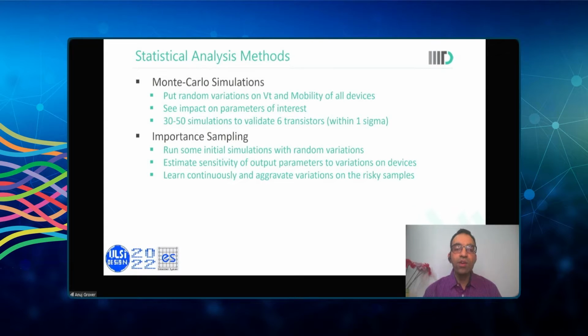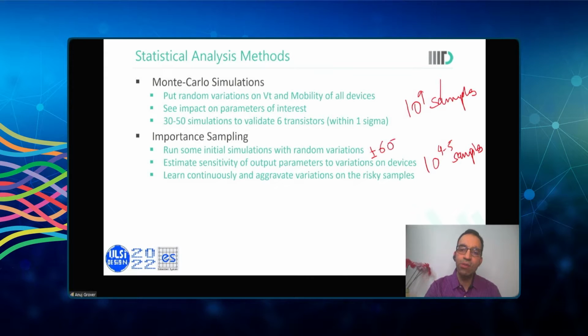Then we learn on the fly and continuously aggregate the variations to achieve risky samples. While I said you will need something like 10 raised to power 9 samples, with importance sampling you could probably do with 10 raised to power 4 to 5 samples to talk of plus minus 6 sigma qualification. That is also not a small number.